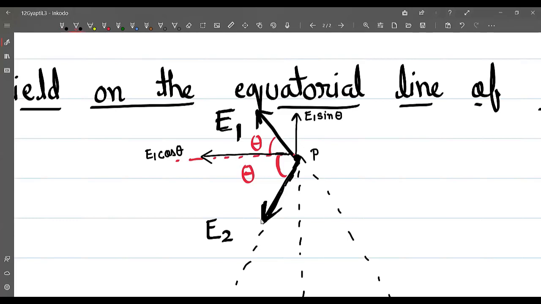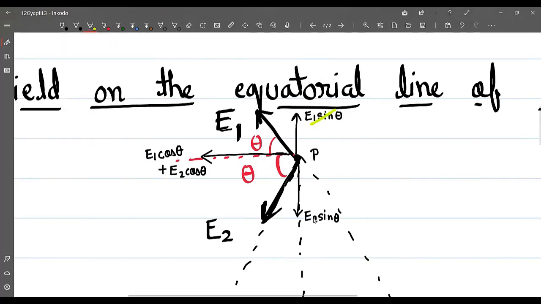For E2, component along the line with which theta is attached will be E2 cos theta. That E2 cos theta will get added up to E1 cos theta. While component along the other line, it will be E2 sin theta. Because this angle is 90 degree, I can take component along these vertical and horizontal lines.